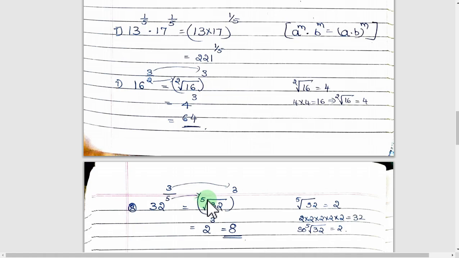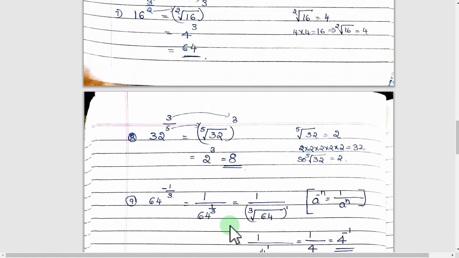That is 2: 2 into 2 into 2 into 2 into 2 is 32. 2 into 2 is 4, 4 twos are 8, 8 twos are 16, 16 twos are 32. So the fifth root of 32 is 2. But the cube is there: 2 cube means 2 multiplied 3 times, 2 into 2 into 2. 2 into 2 is 4, and 4 into 2 is 8. The value is 8.